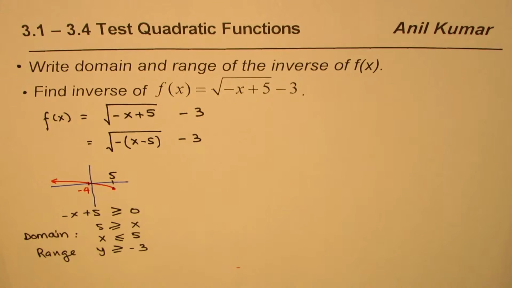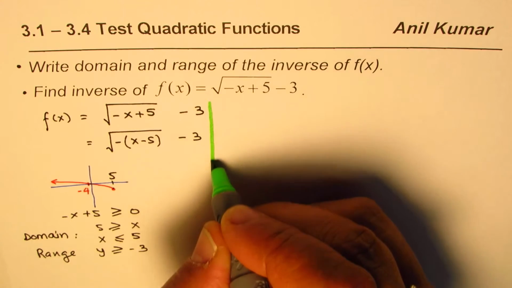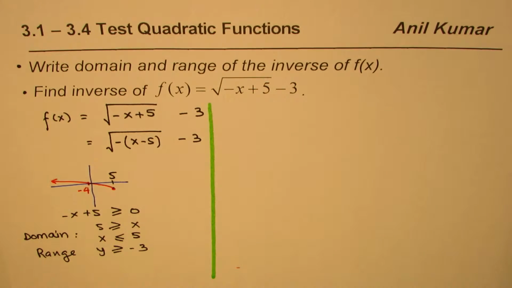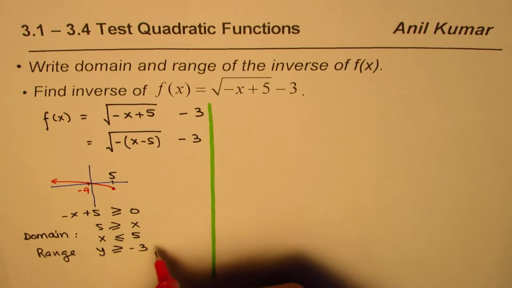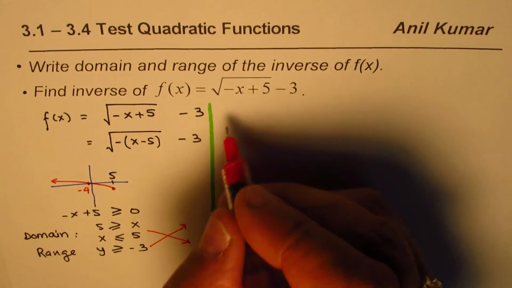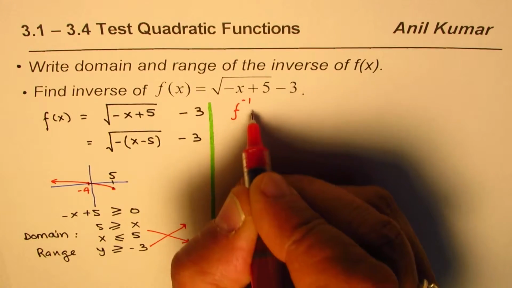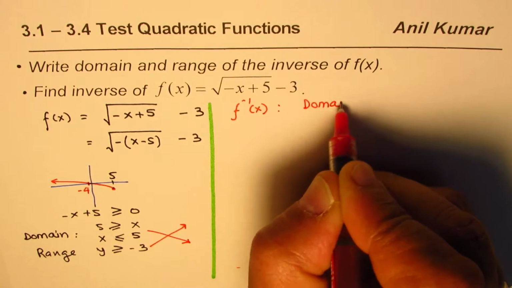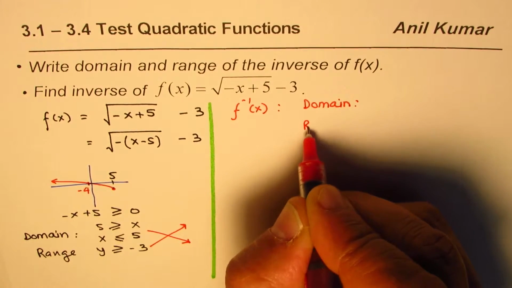Now the question here is, write the domain and range of the inverse function. Do you see that? When you do the inverse, the domain and range flip. Range becomes the domain and domain becomes the range.